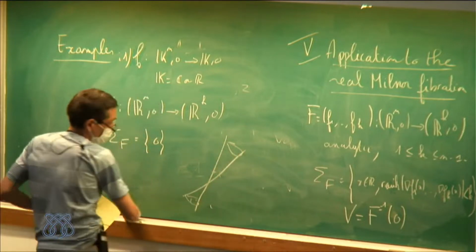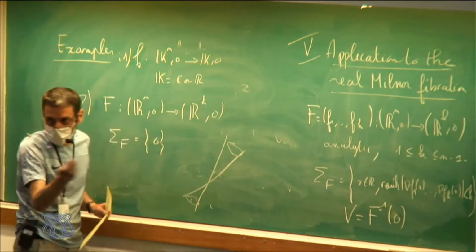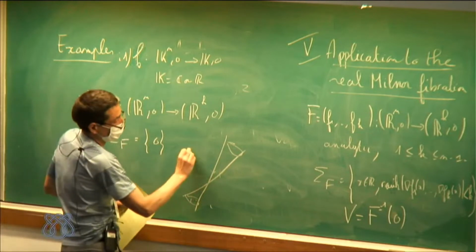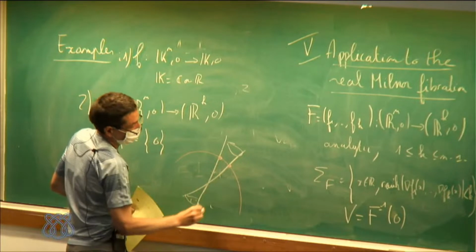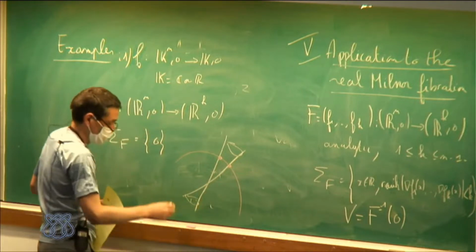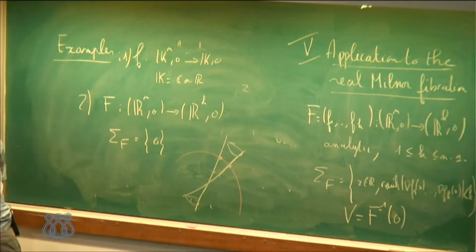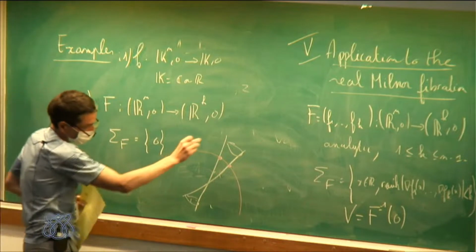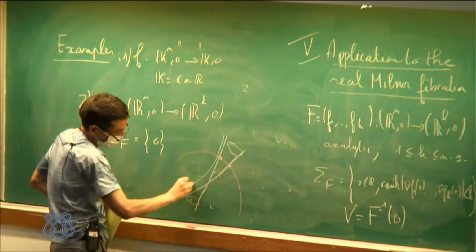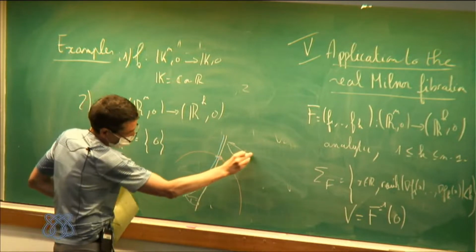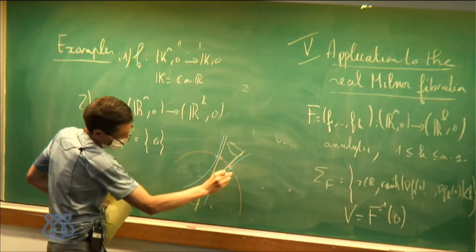Always by the curve selection lemma, the spheres intersect transversally here at the zero level, but then by transversality, they also intersect transversally nearby fibers. Here you have a transversal intersection.